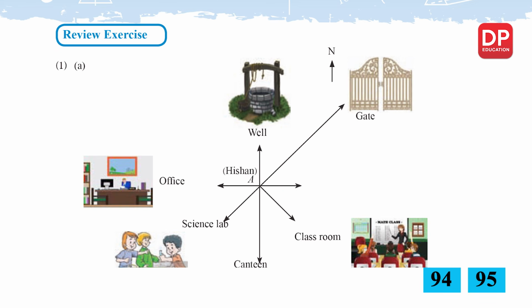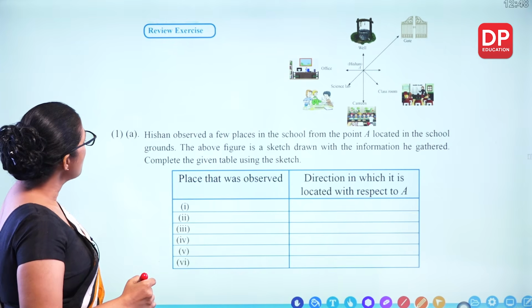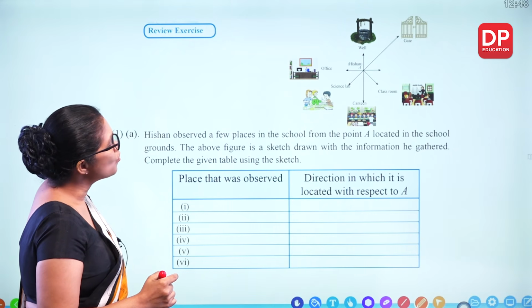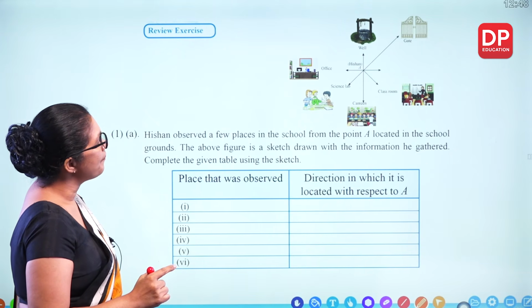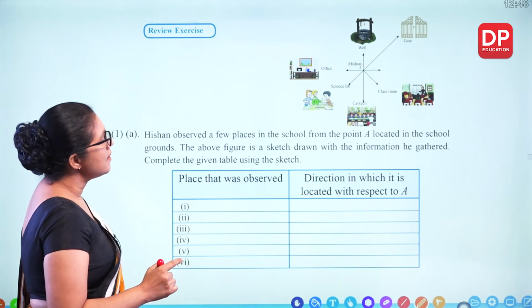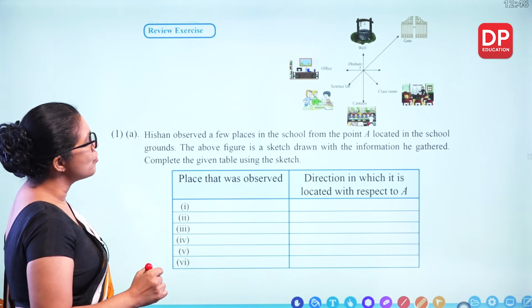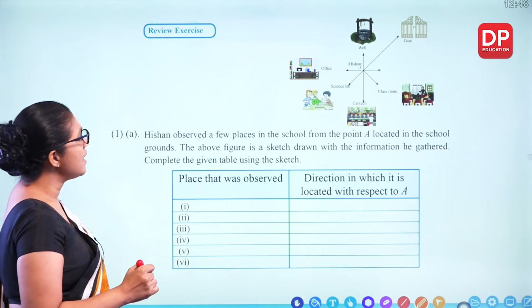Now we'll look at the review exercises in your textbook. The first question says, Hishan observed a few places in the school from the point A, located in the school grounds. The above figure is a sketch drawn with the information he gathered.